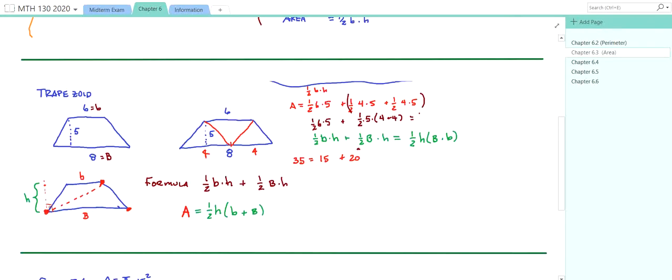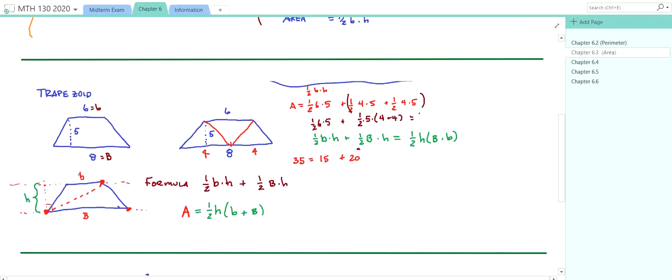Or you can cut this into 2 triangles the way I did down here, and both of these triangles have the same height. You can see this line on top here is horizontal and parallel to the line on the bottom. So this height distance is the same for both of these triangles, even though the triangles are separate.